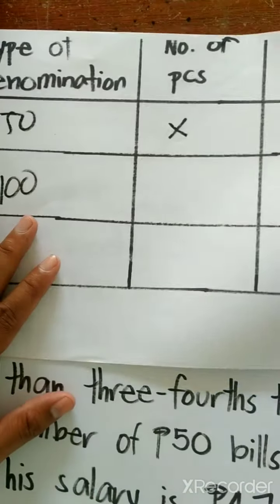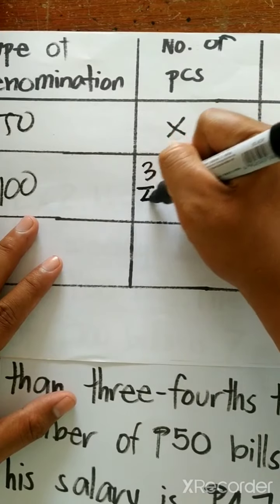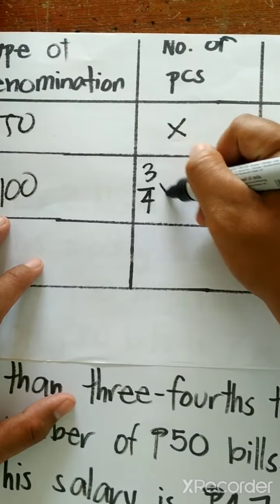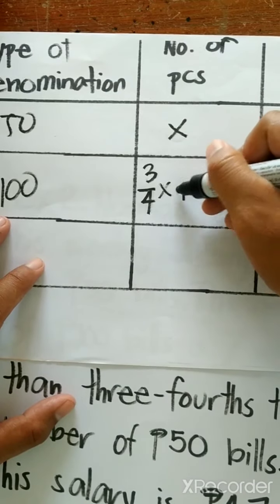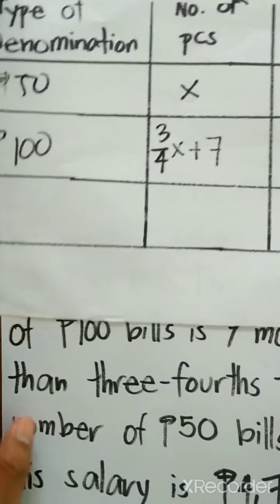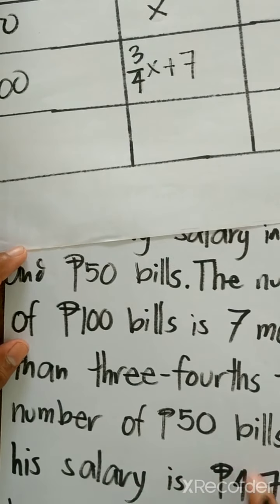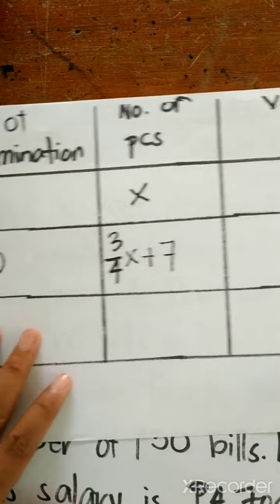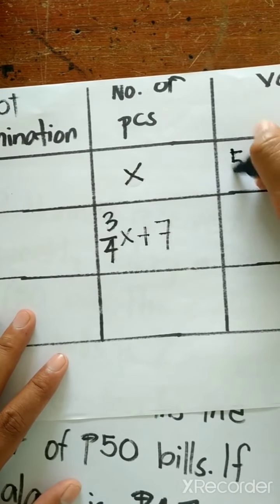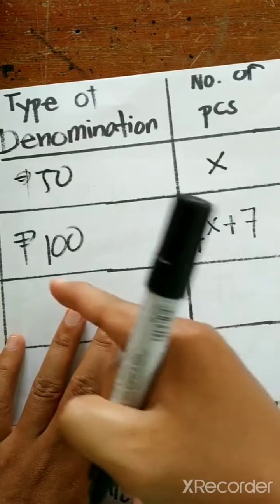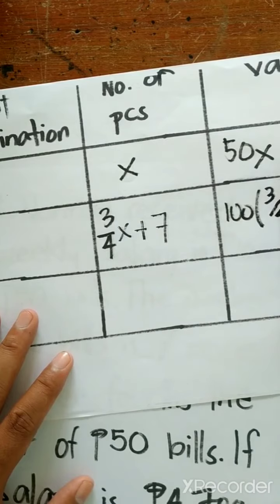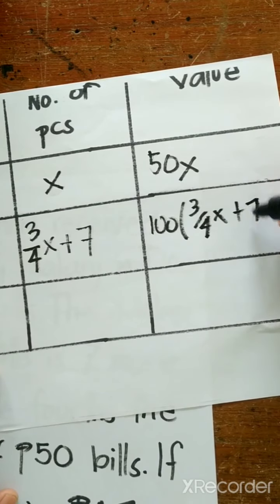More than is addition. So it would be 3/4 x plus 7. For our value, we are going to multiply 50 and x, which will give us 50x, and 100 times 3/4 x plus 7.